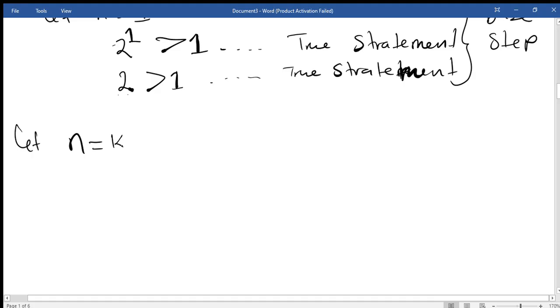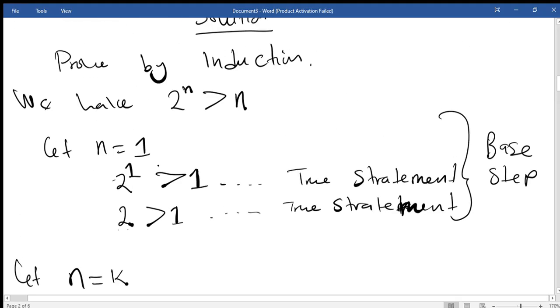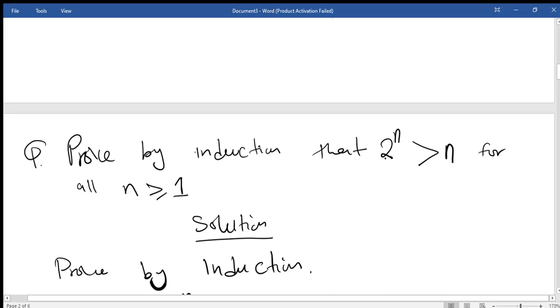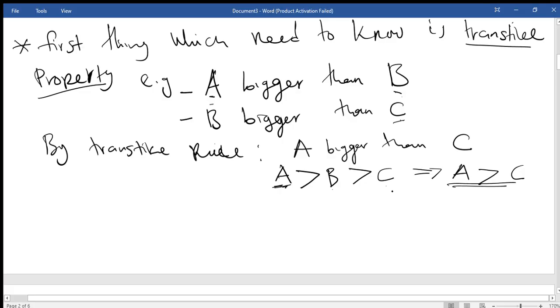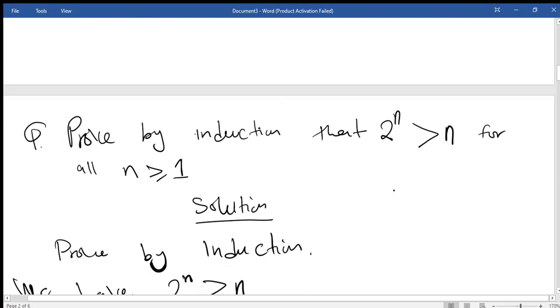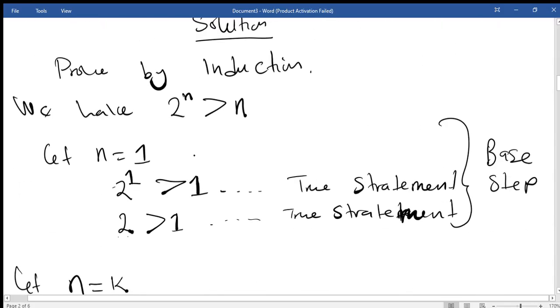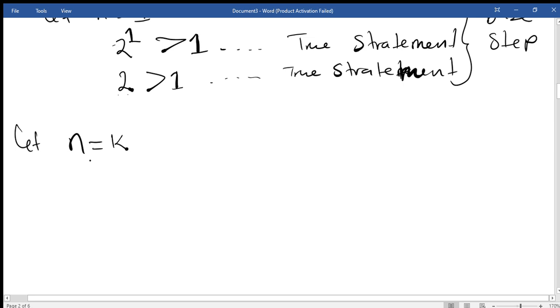Remember the expression says n greater than or equal to 1, so if n is equal to k, then we replace n everywhere with k, for k greater than or equal to 1.